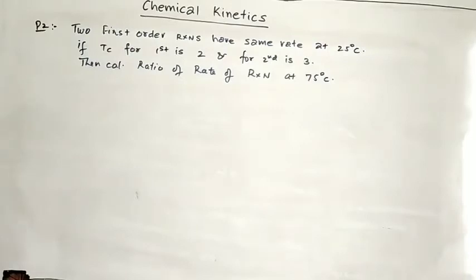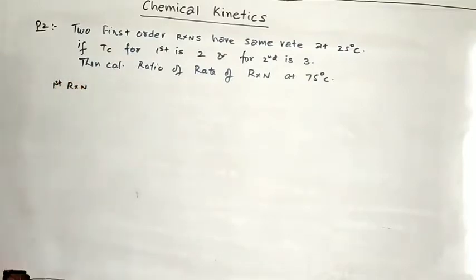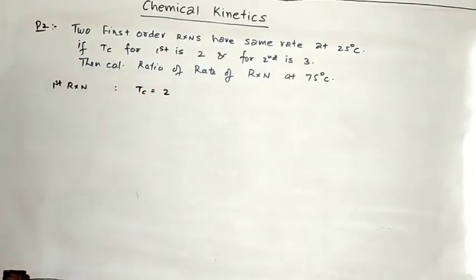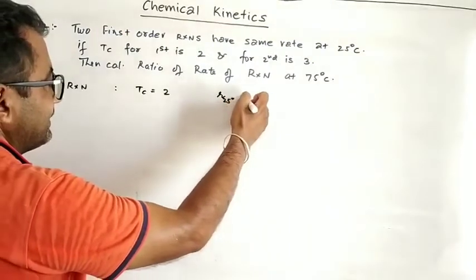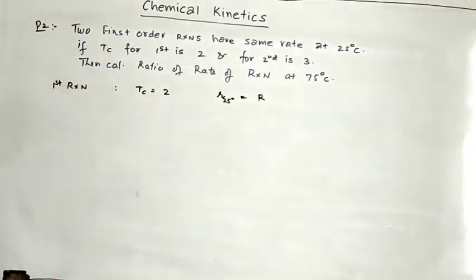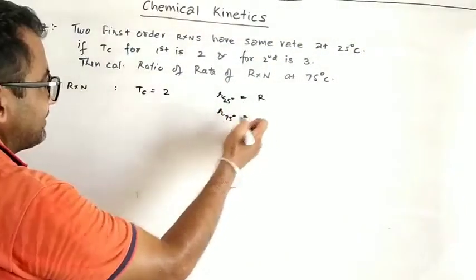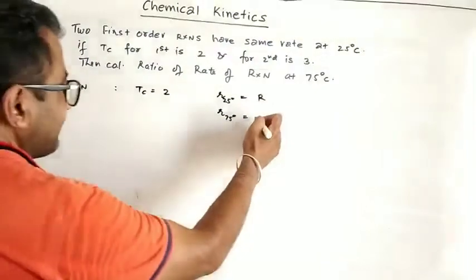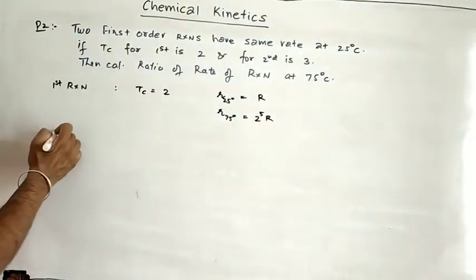Okay. So, how to solve it? First reaction, what is here? Tc is 2. If we say that rate at 25 degree is R, what will be the rate at 75 degree if the temperature coefficient is 2? It will be 2 raised power 5 R. Second reaction.